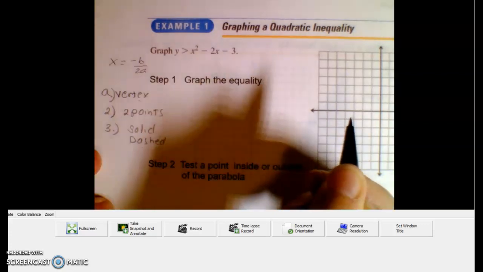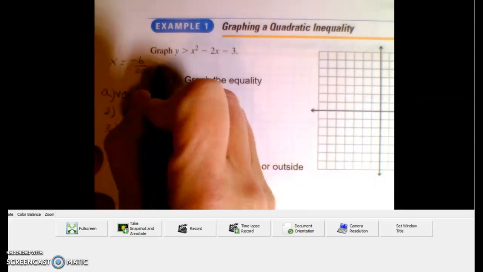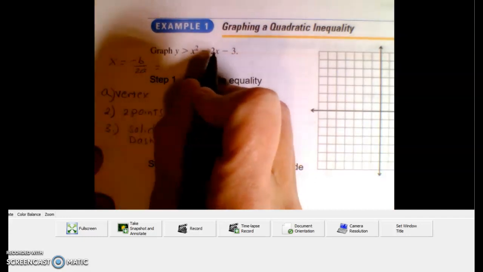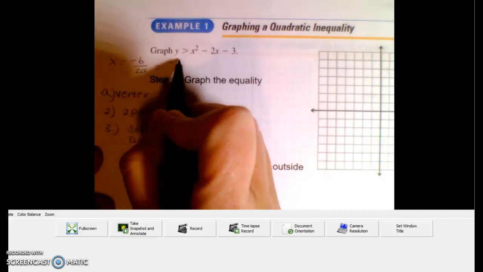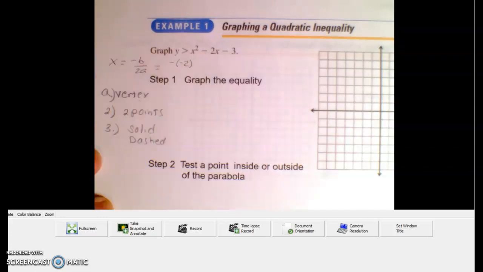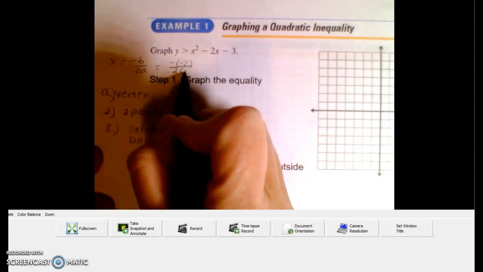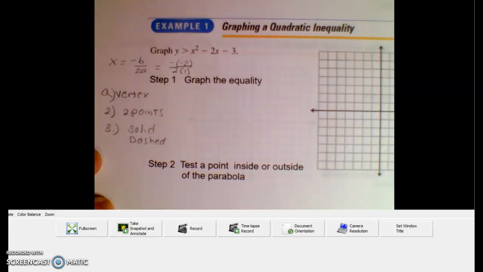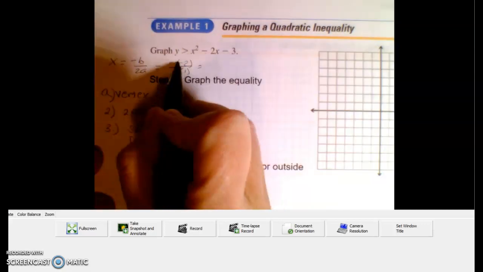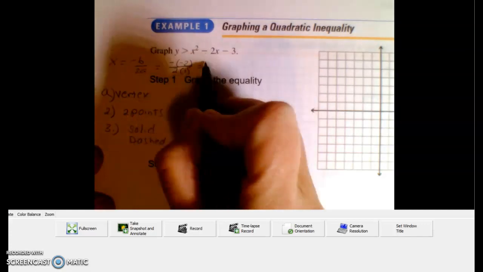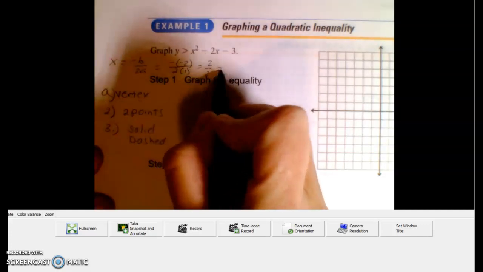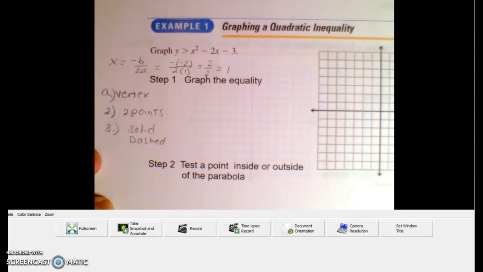We pull out our b and our a. b is negative 2, so this is a negative 2. a is 1, and that's 2 times 1. Negative 2 over 2 is negative 1, so our x value is 1.